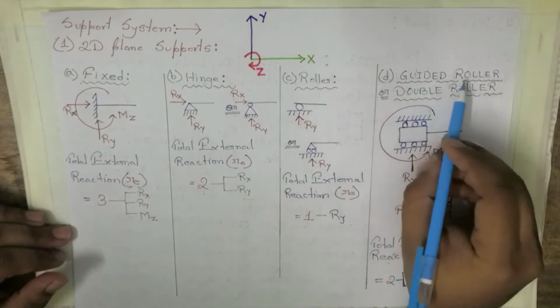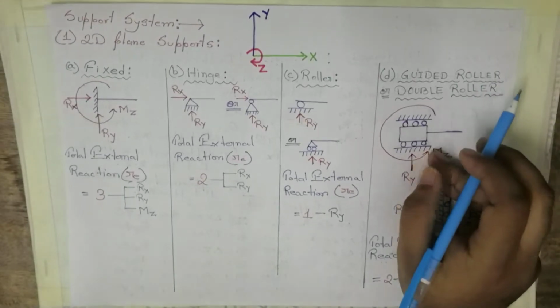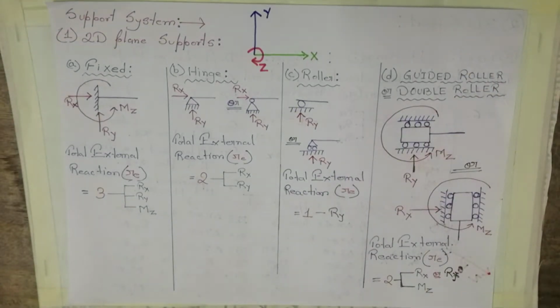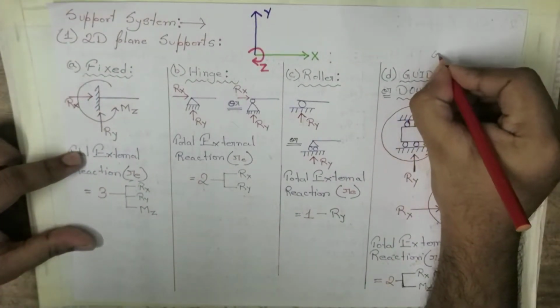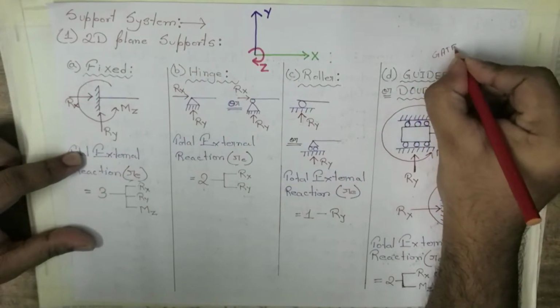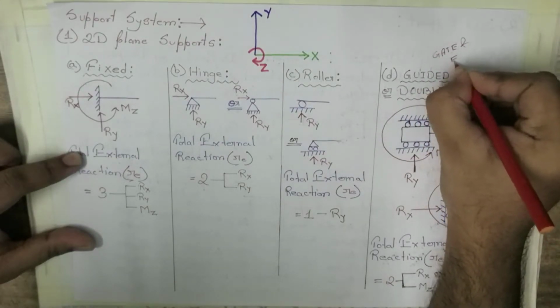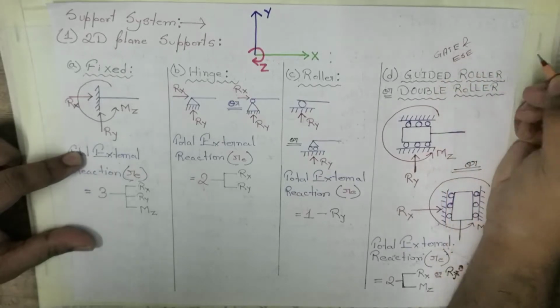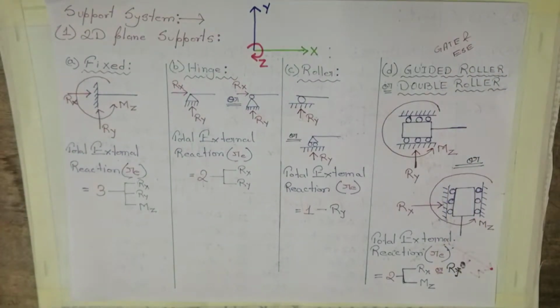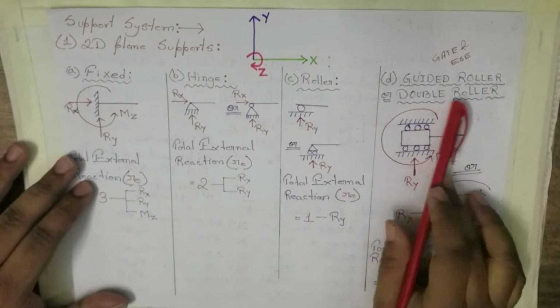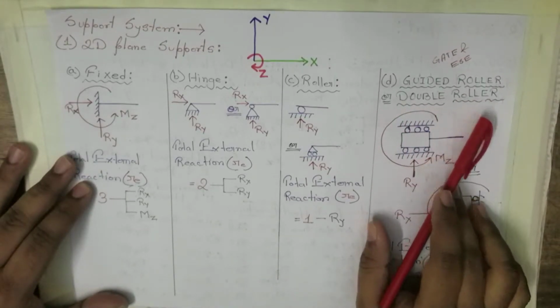Now this is a special case and it's very important for examinations such as GATE and ESE. It is the guided roller or the double roller.